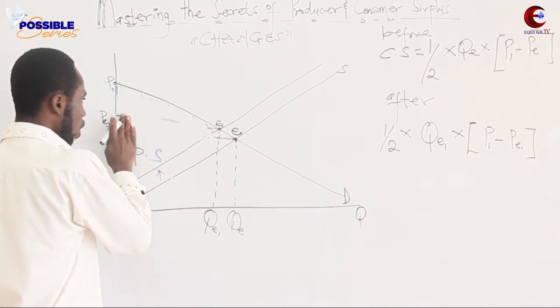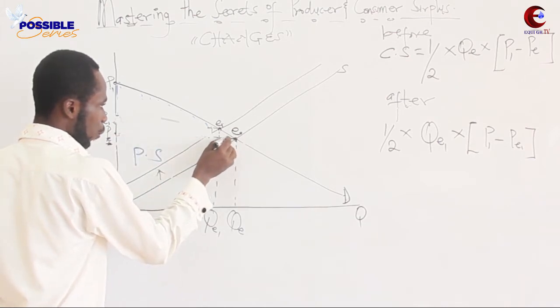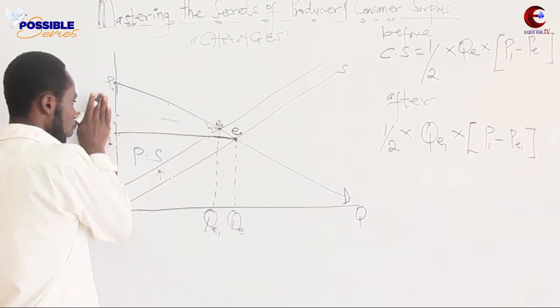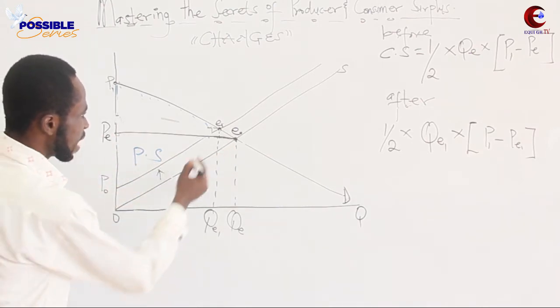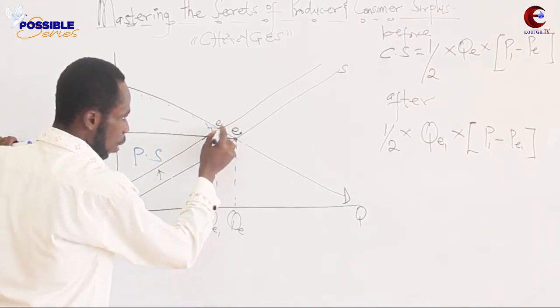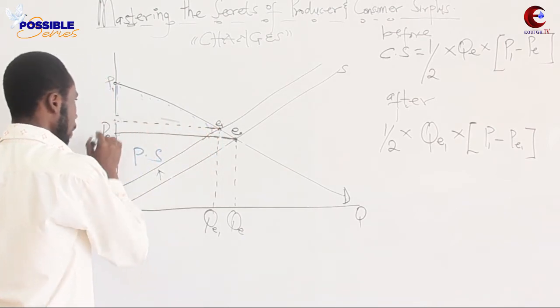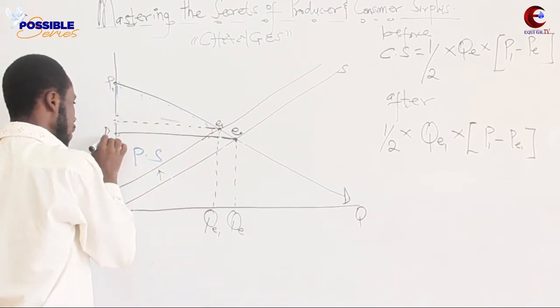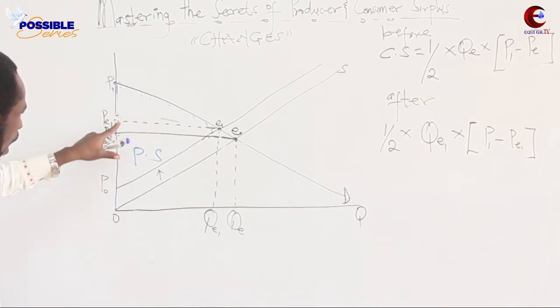This is our equilibrium, right? This is our equilibrium price, and now there has been a change. So our new equilibrium is here. Our new equilibrium price 1 is up here.